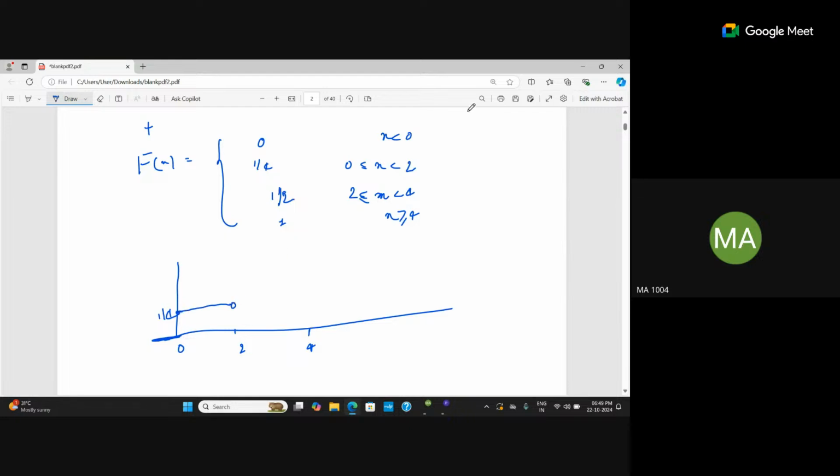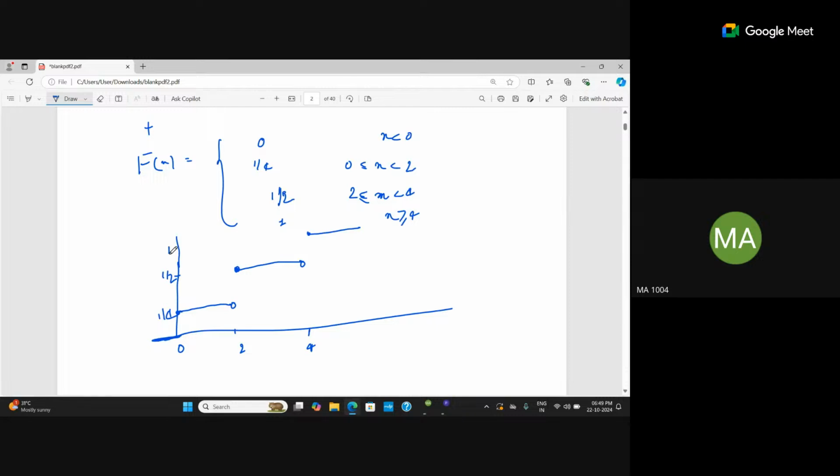When x is between 2 to 4, it is 1 by 2. And when x is greater than or equal to 4, it is 1.